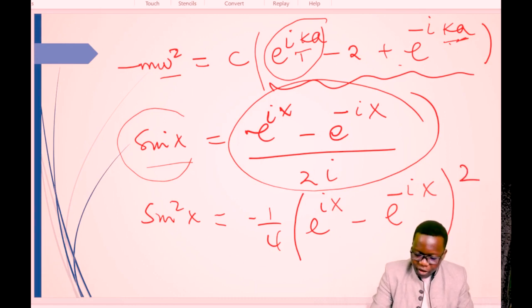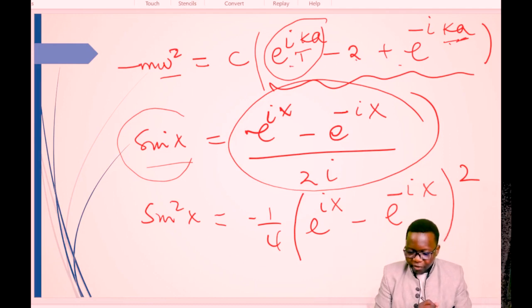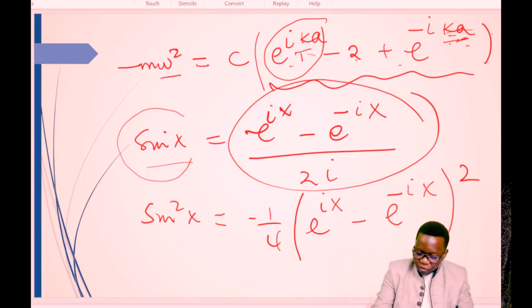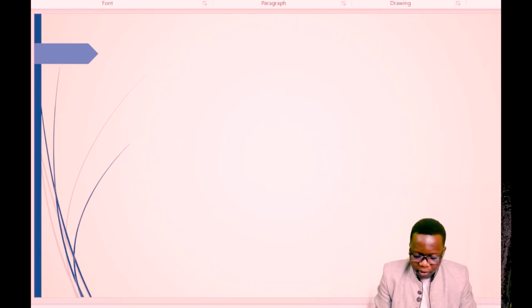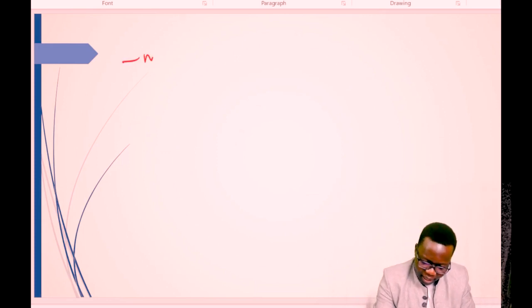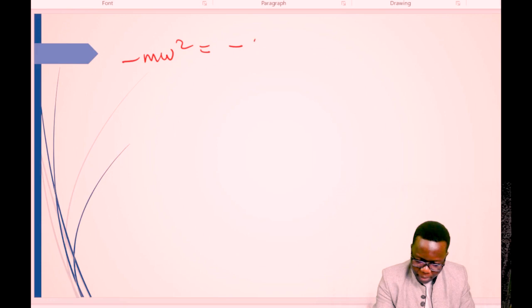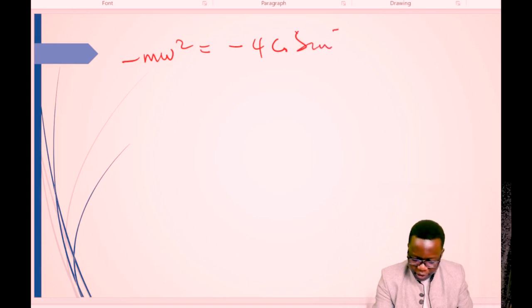So instead of having this whole bracket, this could be simplified by dividing by 2. So it means that I can have minus m omega squared equal to minus 4c into sine squared ka over 2.